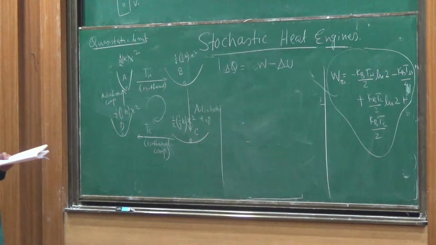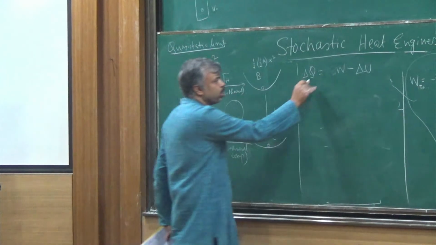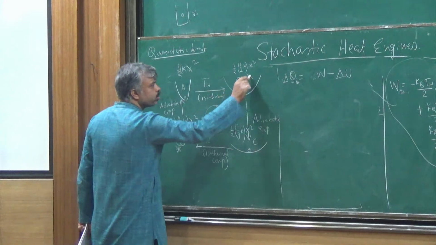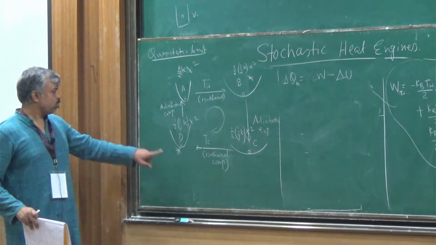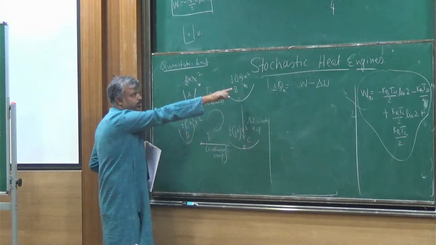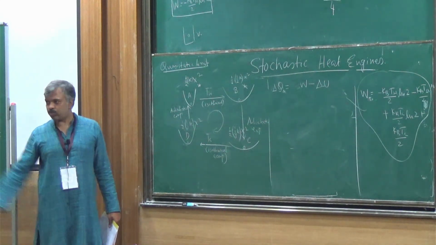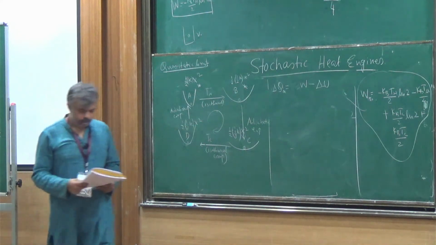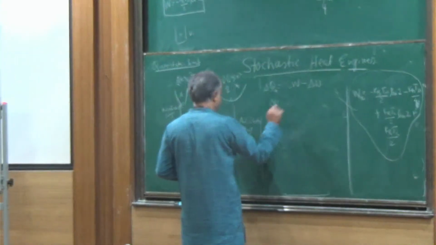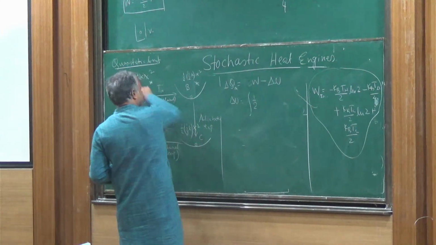We need to calculate the internal energy difference going from this step to this step, the isothermal expansion, because this is the heat intake. That is what we do here. So let's see how to calculate it. First, delta U.